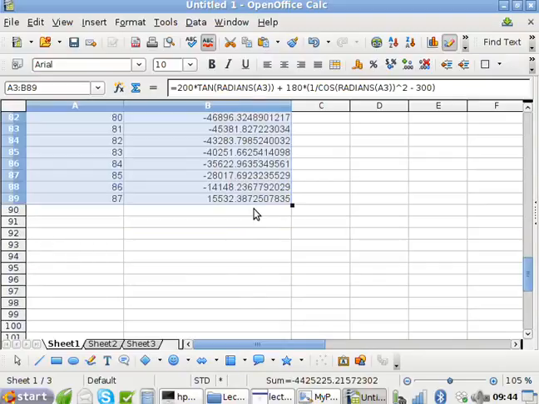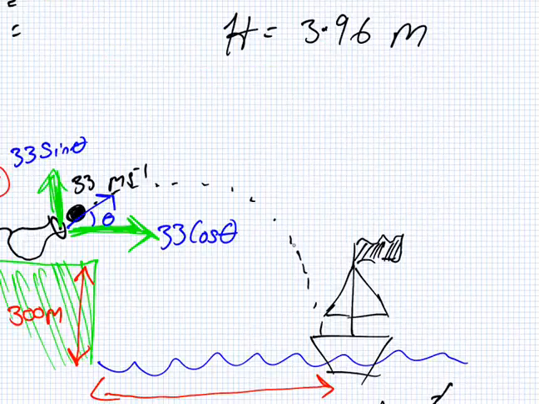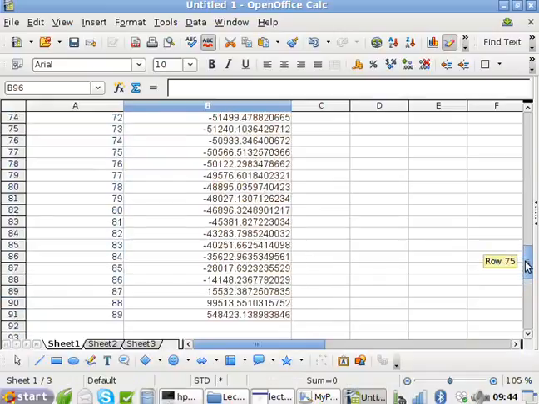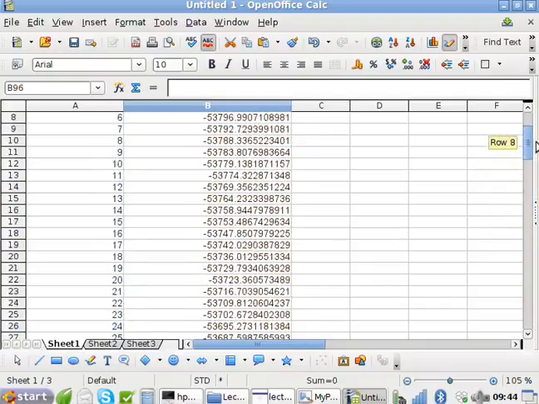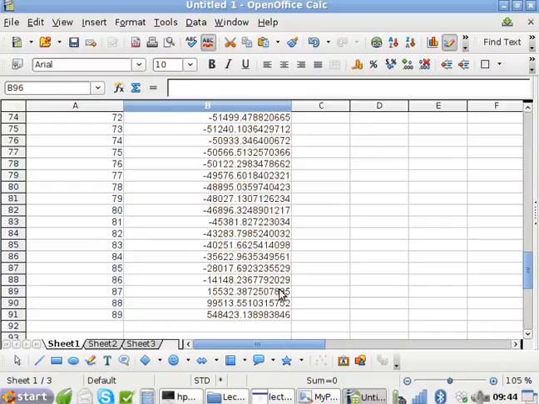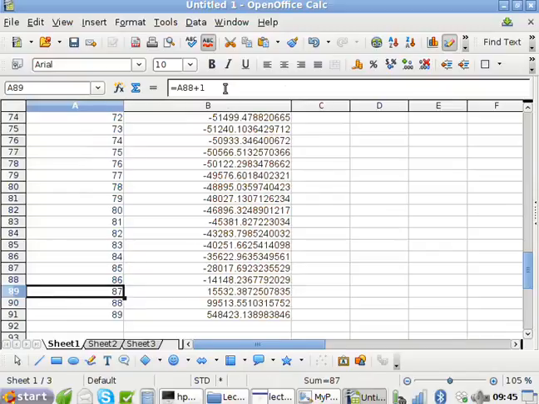So we'll use S equals ut plus a half at squared again. I'll write it over here. S equals ut plus a half at squared. So minus 300 equals 33 sine theta times t, which is 6.06 over cos theta, plus a half a t squared, which is 6.06 over cos theta.